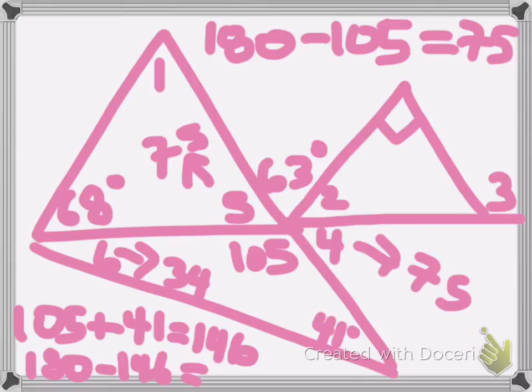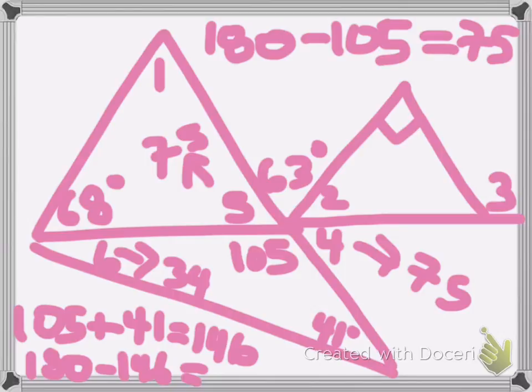And then we know that angle 5, 63, and angle 2 all have to add up to 180 since they're all sharing that straight line. So if we know that 5 is 75 and we have 63, we're just going to do 75 plus 63 plus x has to equal 180.